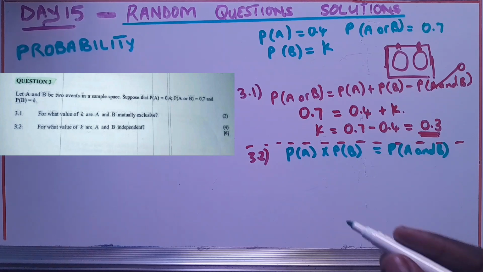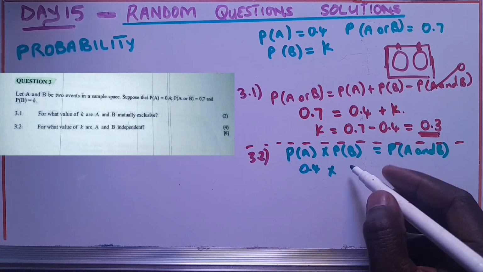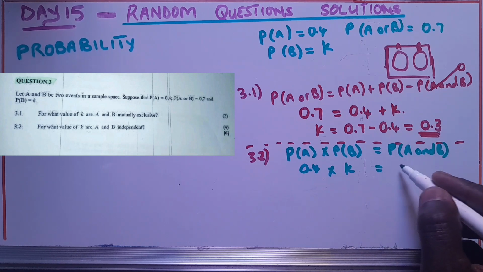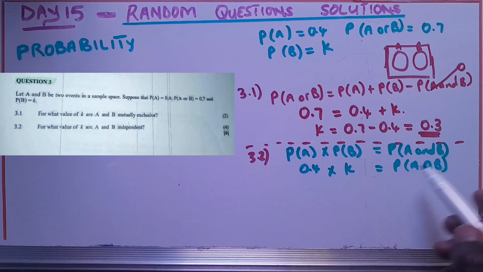So what is our probability of A? It is 0.4 multiplied by the probability of B being K. It equals the probability of A and B. This situation is the one that makes events independent.